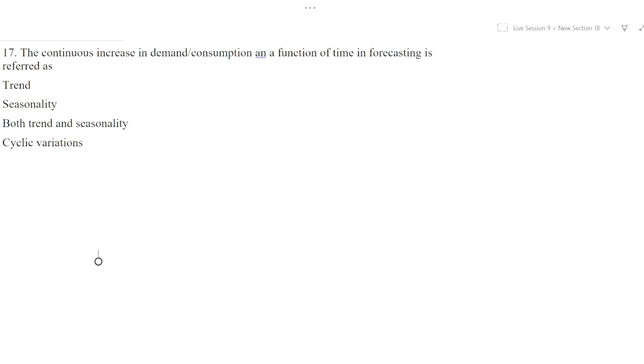When it is an increase in demand or consumption as a function of time, then it is referred to as trend.